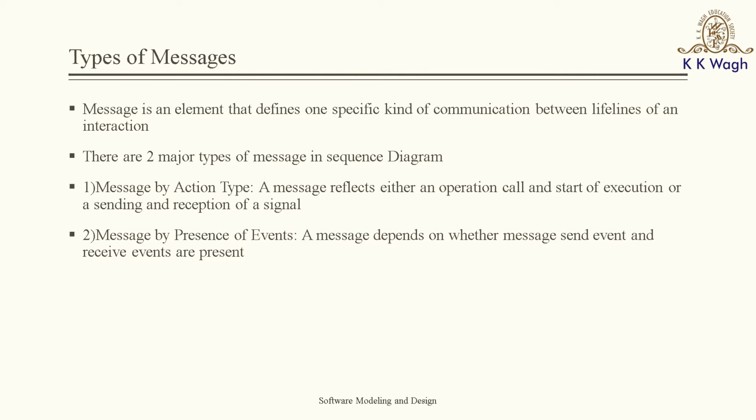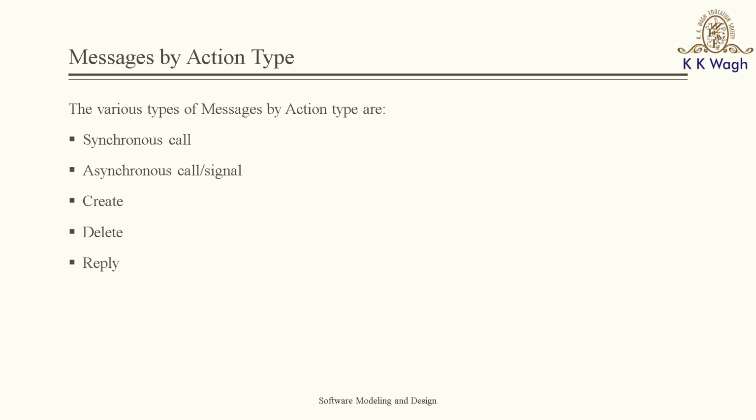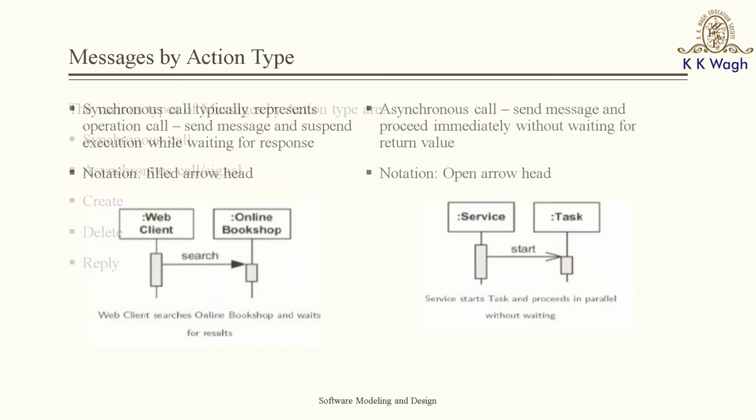And messages by presence of events means a message depends on whether message send events and receive events are present. Messages by action type cover synchronous call, asynchronous call, create, delete and reply. We will see these in detail further.